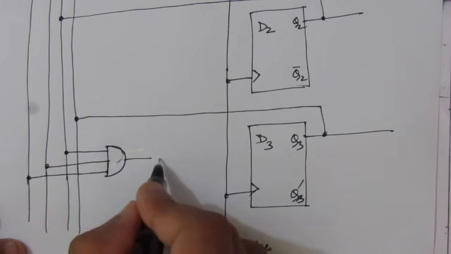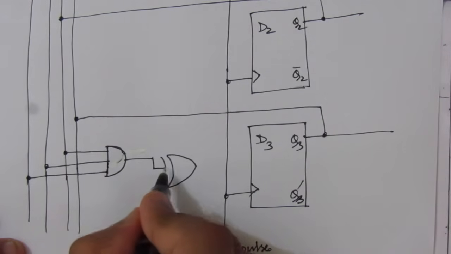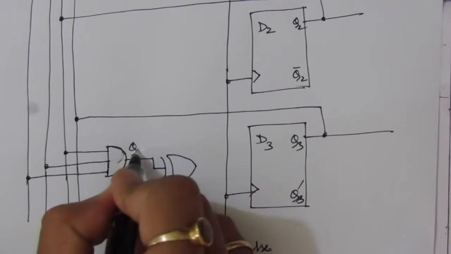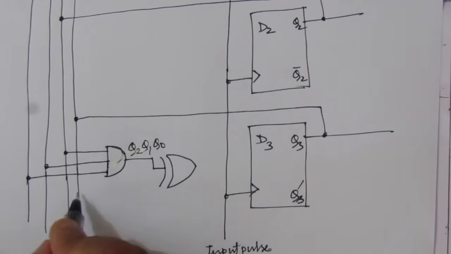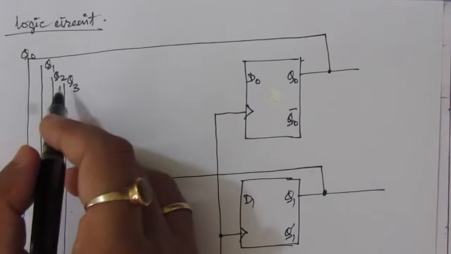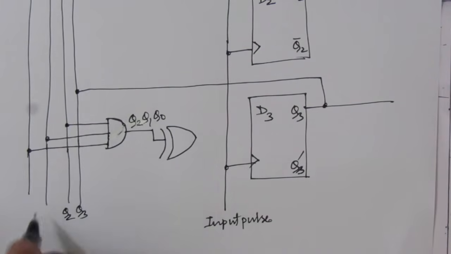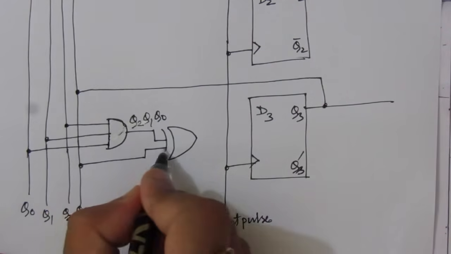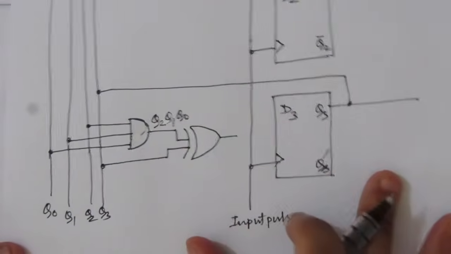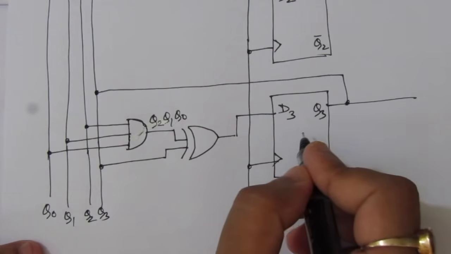So use an XOR gate here and give this output to this input. Here we have Q2, Q1, Q0, and we have to XOR with Q3. This fourth line is Q3. So we draw a line from Q3 to the input of this XOR gate, and this output will be connected to D3. So we have now connected this fourth flip-flop.